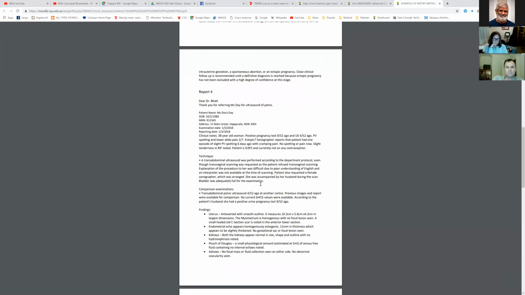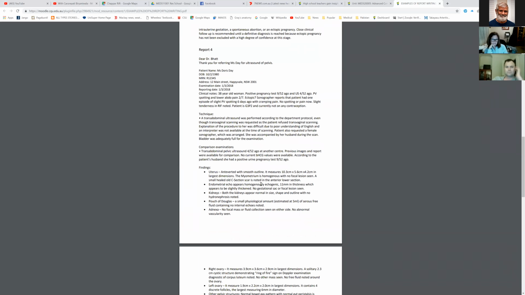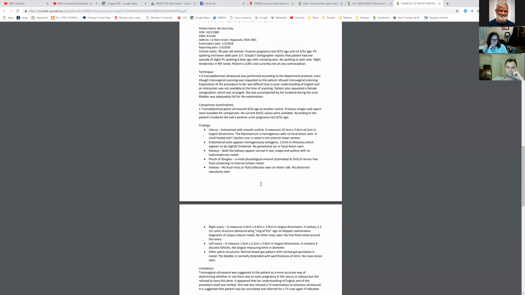So we have elaborated why and under what circumstances that ultrasound was performed. It gives the reader an impression that all possible care was given to the patient, and what the circumstances were in which the scan was done, so that the reader can have confidence in your findings.